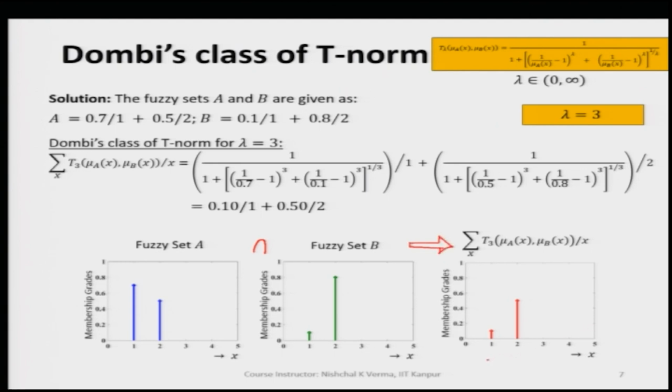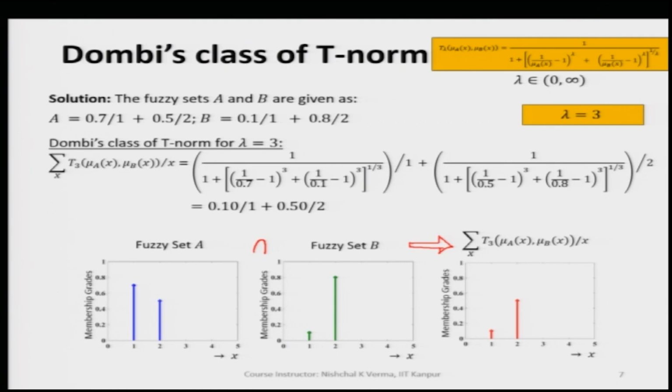Here also, when we plot the fuzzy set, because it is a discrete fuzzy set, we are getting the plots for the discrete points, and we see this as the result of the intersection of the two discrete fuzzy sets A and B. So, this way we have understood that the Dombi class of T norm can be found by applying this expression: T lambda of mu A of x and mu B of x is equal to 1 over 1 plus 1 over mu A of x minus 1 raised to the power lambda plus 1 over mu B of x minus 1 raised to the power lambda, and then the whole raised to the power 1 over lambda.